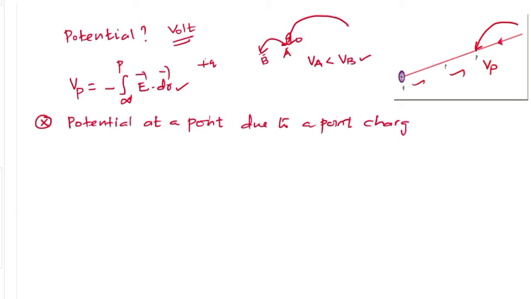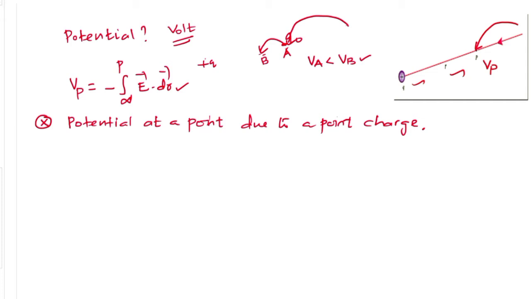Definitely study this question. Okay, so here we use the same formula. You need not derive everything, you just pick it out. What is potential? Potential is nothing but the amount of work done to bring a unit positive charge from infinity to the point against the force of repulsion.